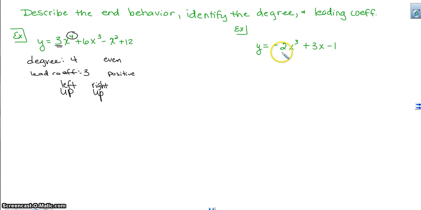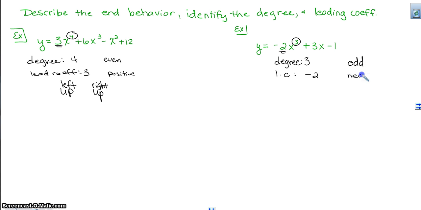Let's look at the second one. Our degree is our highest exponent, so we have 3. Our leading coefficient is -2. So now to describe the end behavior, our degree is odd. It's an odd degree.